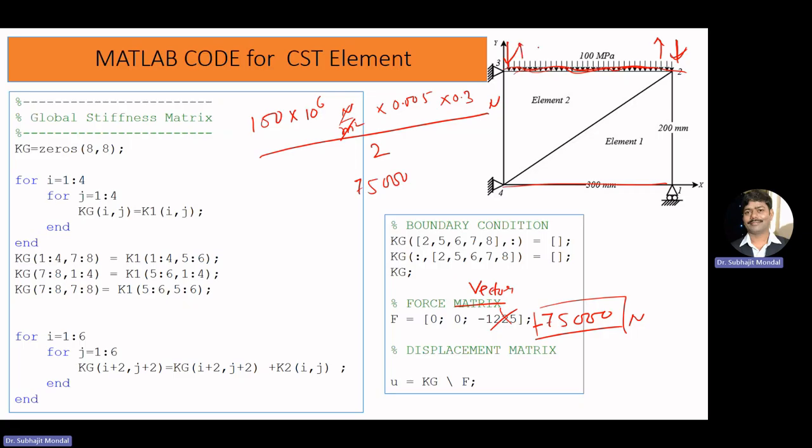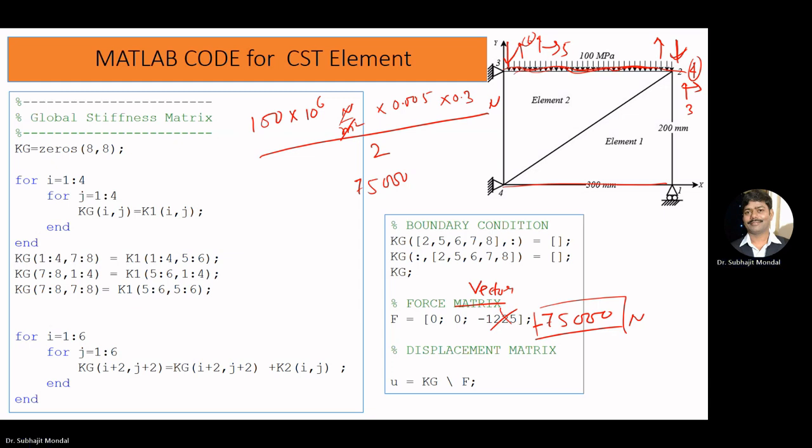So this is the force acting on the node, which has the third and fourth degrees of freedom. Here the 75,000 load is acting on the fourth degree of freedom. Okay, since there is no horizontal force acting here, degrees of freedom 3 and 5 are free from any loading.